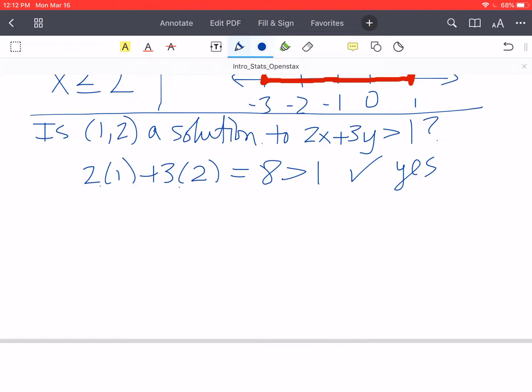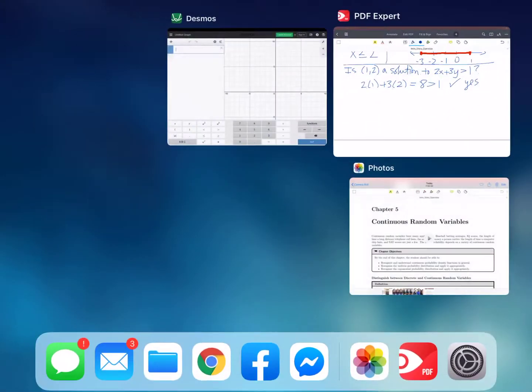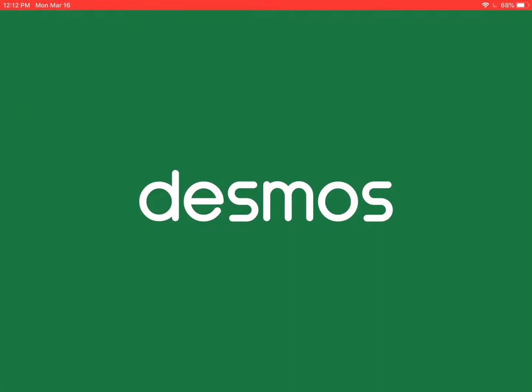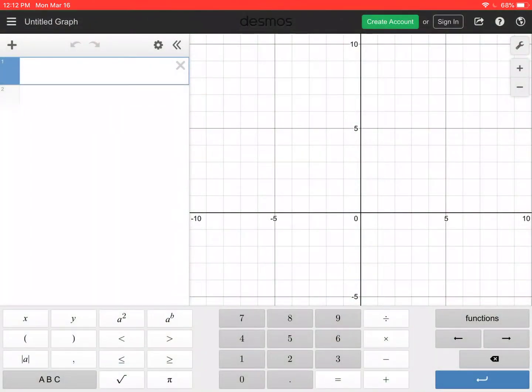Now, if we want to graph this, let's get Desmos up here. Desmos can also graph inequalities. If we just wanted to graph the line, we could write 2x plus 3y equals 1. But that's not what we want.